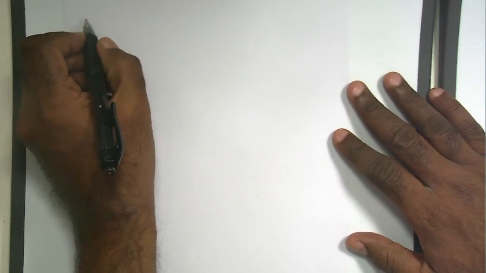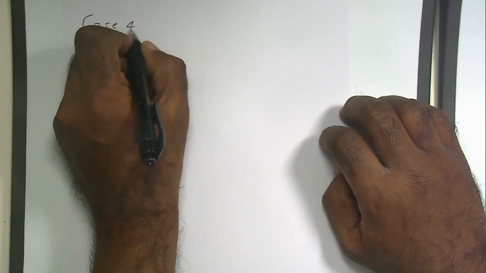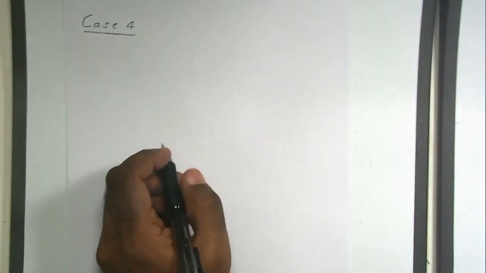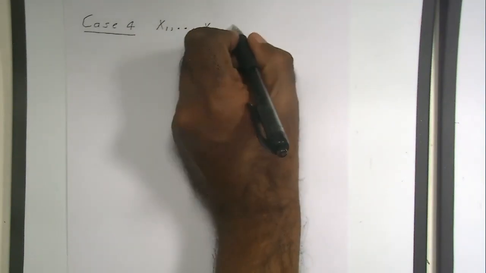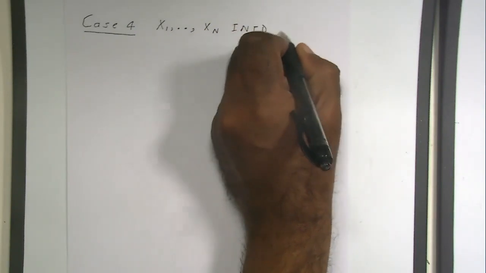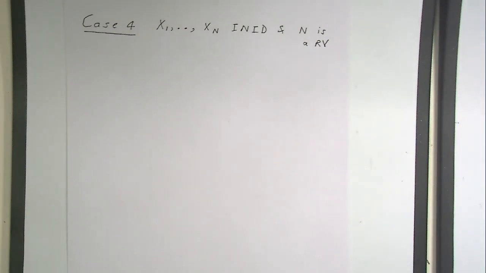All right, so let me start with case number 4. So case 4 is where the losses are INID and the number of investments is random.